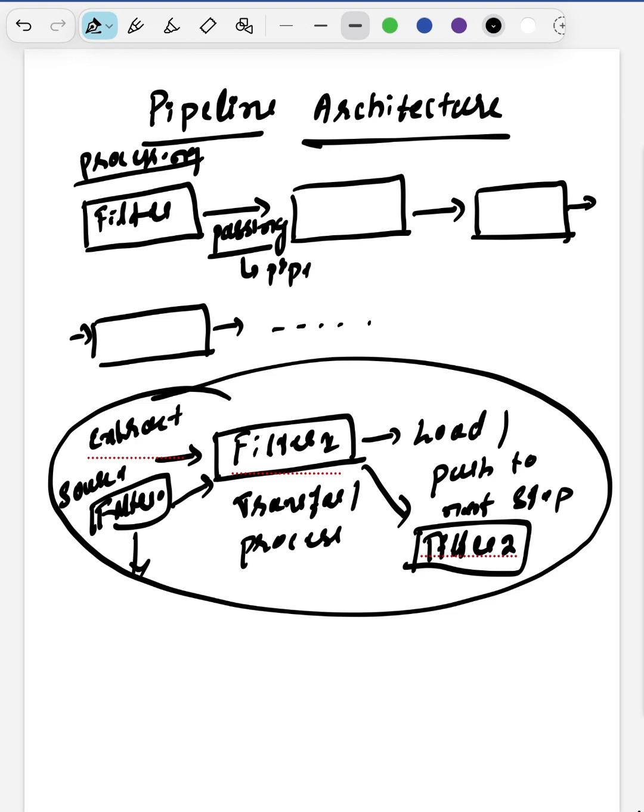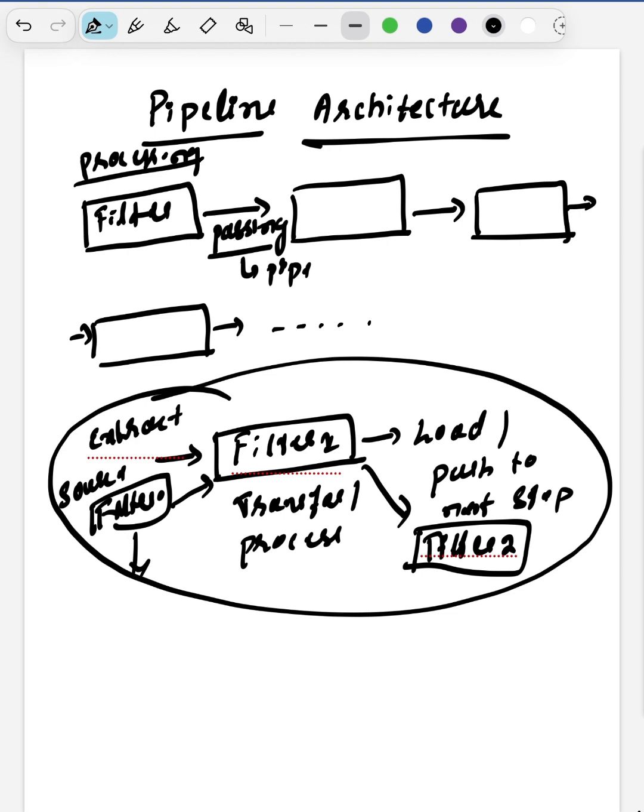Now, at the transform step, this is where the real work happens. It cleans the data, removes duplicates, fixes formats, converts formats, maybe from JSON to XML, XML to JSON, or any other format, and joins the data from multiple sources, applying business rules if required.